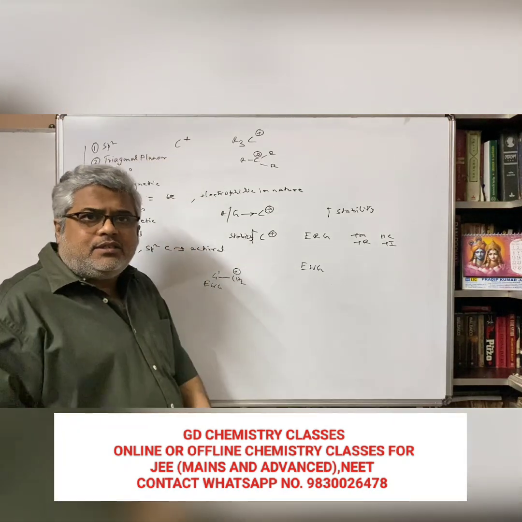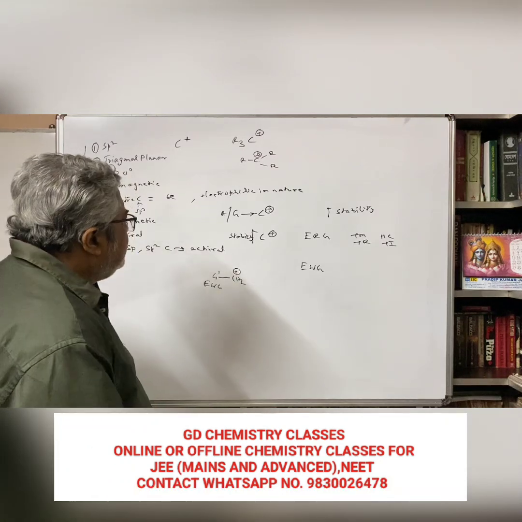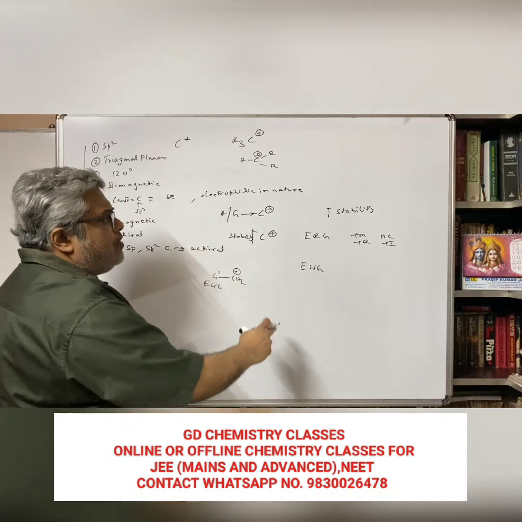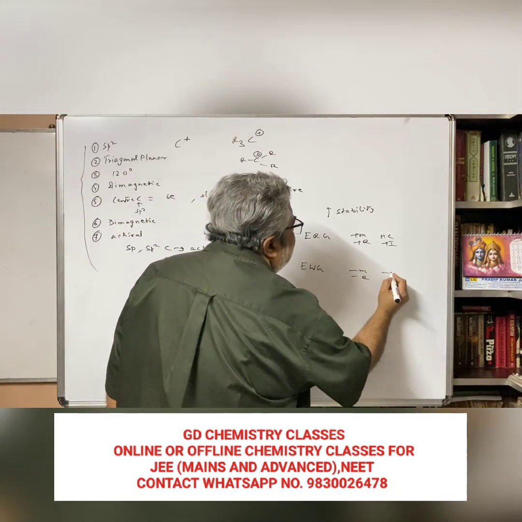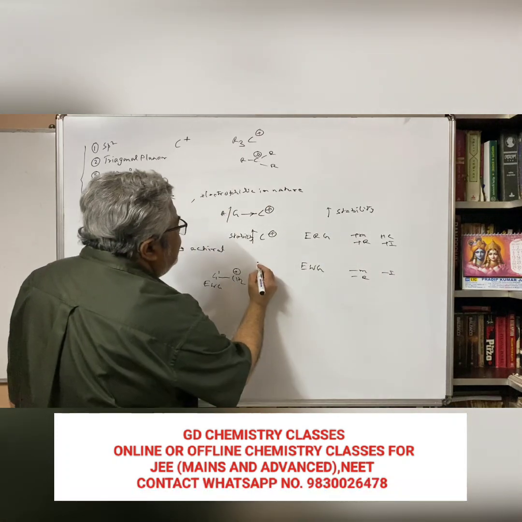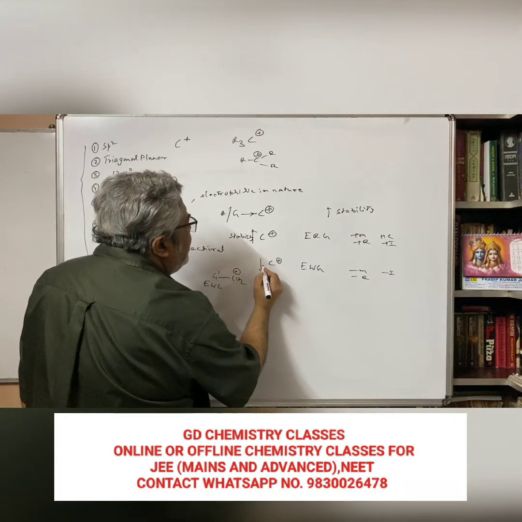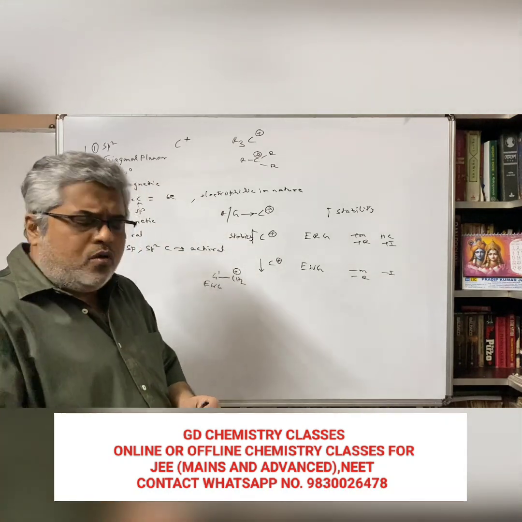So it is decreasing its stability, isn't it? That means any electron withdrawing group attached to the central carbon of the carbocation, be it minus M, minus R, minus I, will result in a decrease in the carbocation stability. Hopefully this we all know.